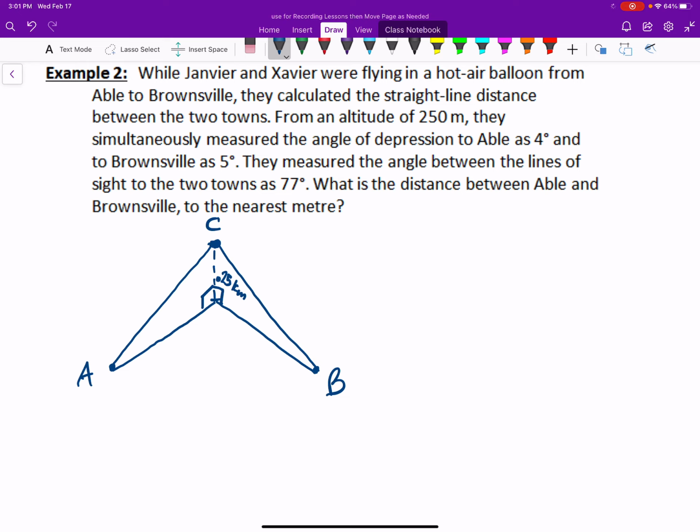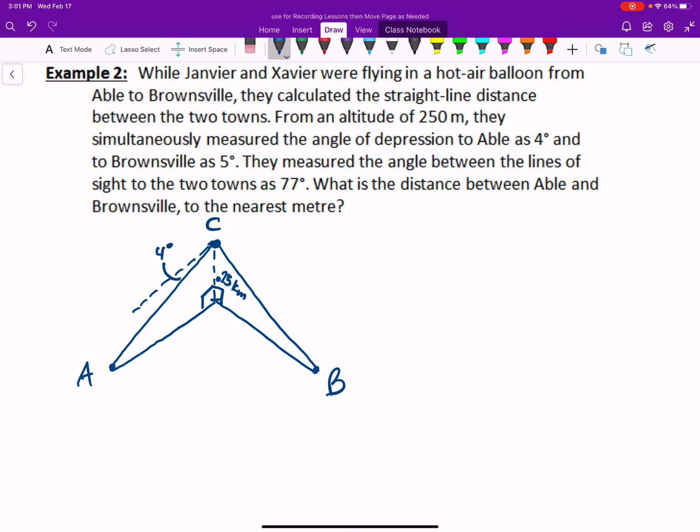We also know that they simultaneously measured the angle of depression as 4 degrees to Abel and 5 degrees to Brownsville. So again, we have to try to get good at visualizing. Let's imagine a straight line. If they look out straight towards Abel, but not downwards, so this is supposed to be on the same plane as the hot air balloon, then this angle that they're looking down at is 4 degrees.